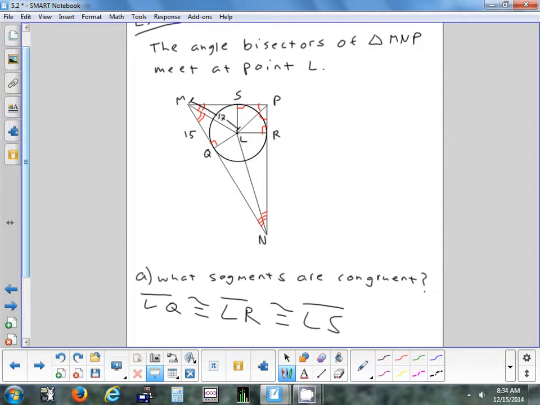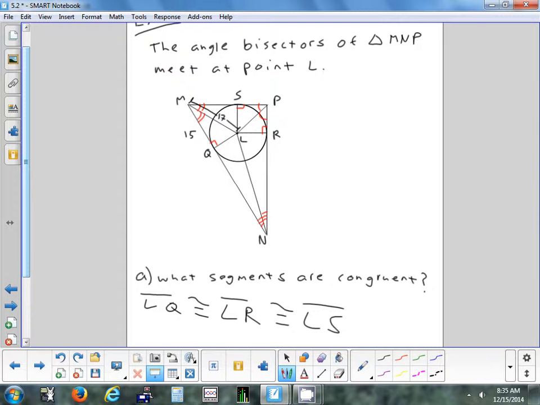How about, if we look at MS and SP, are those segments congruent? Yes. Actually, no. That radius is not drawn to the midpoint. Same with point Q. Q is not the midpoint, and R is definitely not the midpoint.